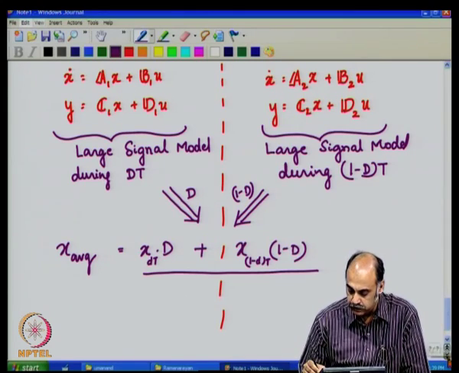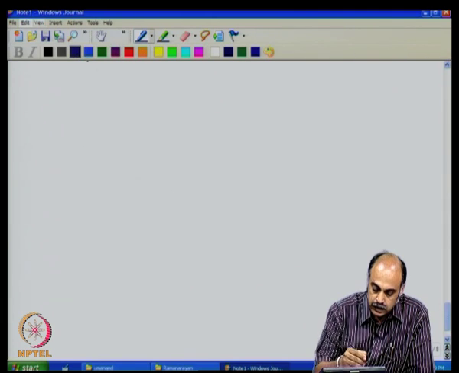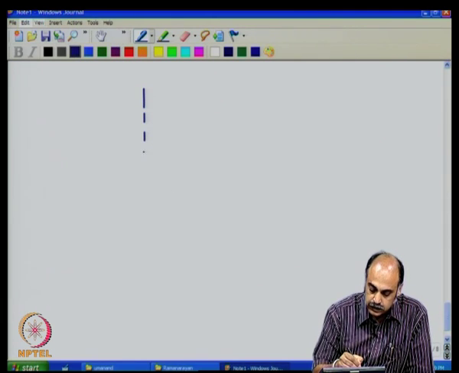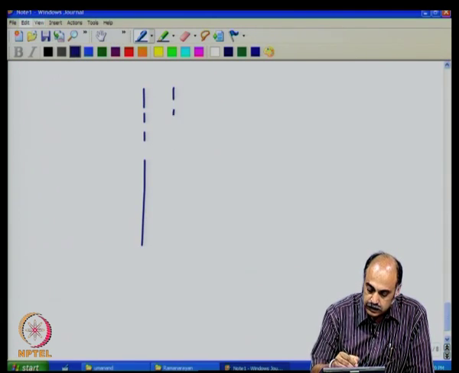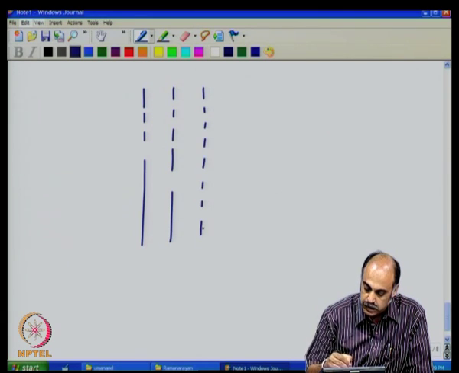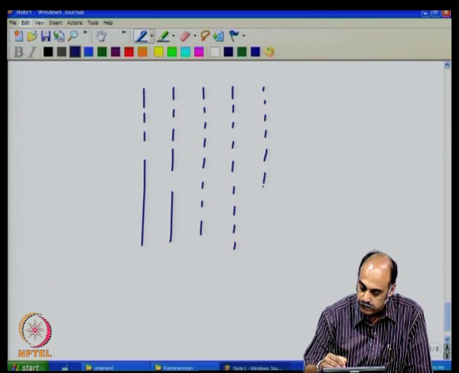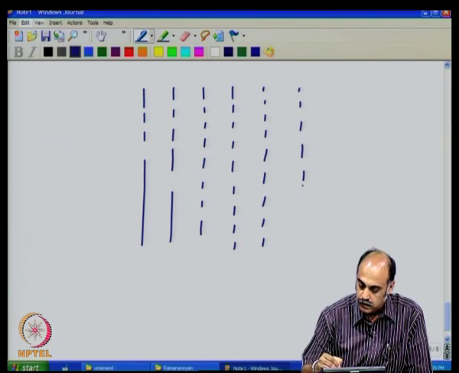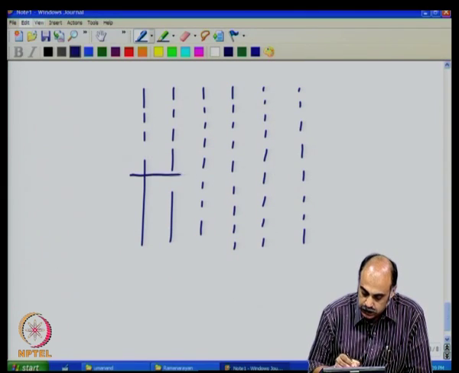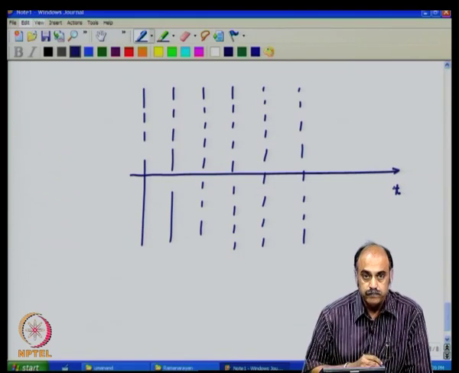For example, if I take the simple case of an inductor current, the inductor current in the case of the buck converter is like this. Let me put the time axis t.